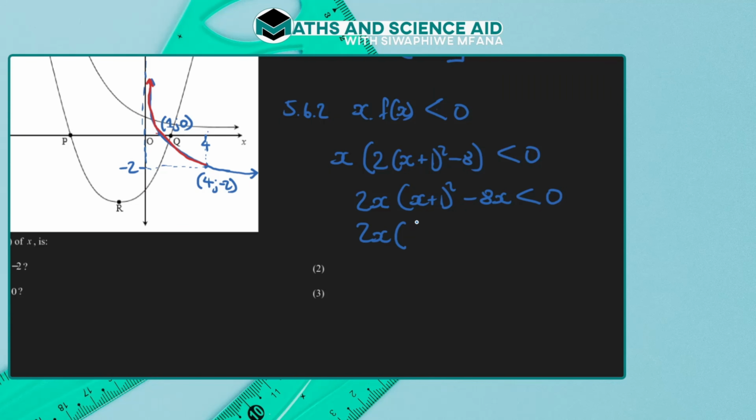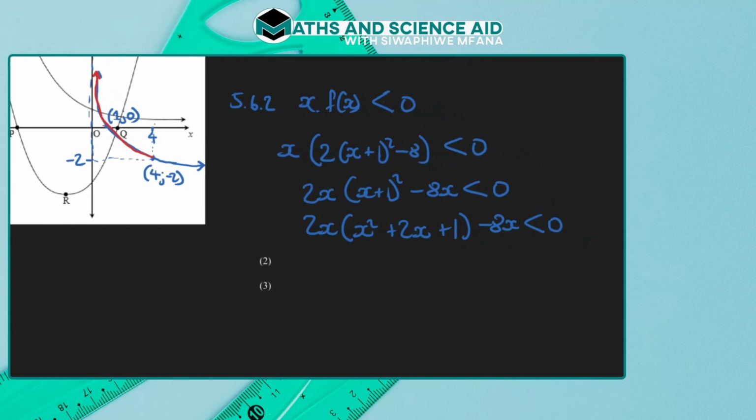If we do that, we'll have x squared, and then x multiplied by 1 multiplied by 2, which is 2x, and then 1 squared, which is 1, minus 8x is less than 0.